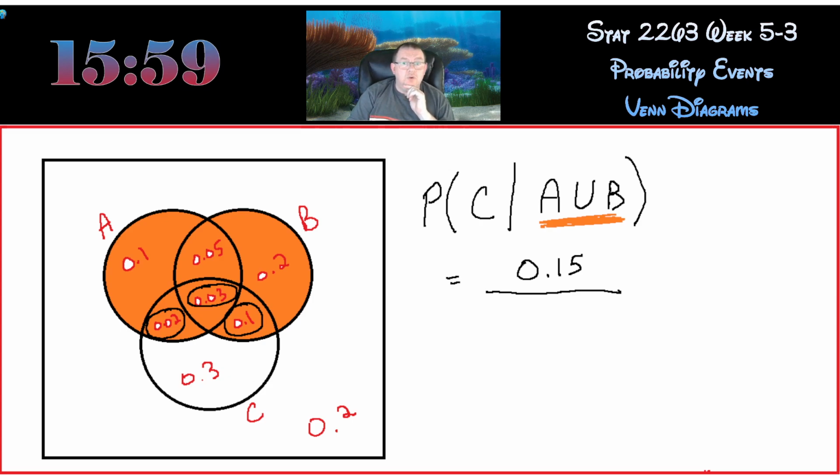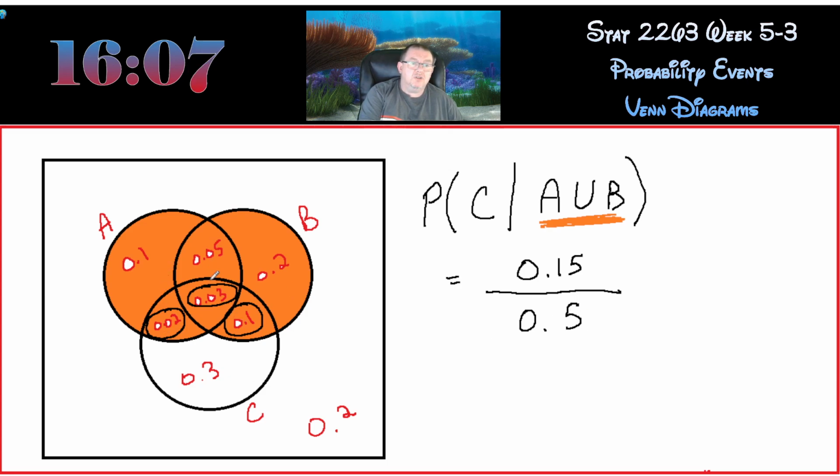And A union B, we actually looked at earlier, and it was 0.5, I believe. But we can double check. 1, 5, 2, 3, 4, 5. 0.5. So this is a 30% chance.